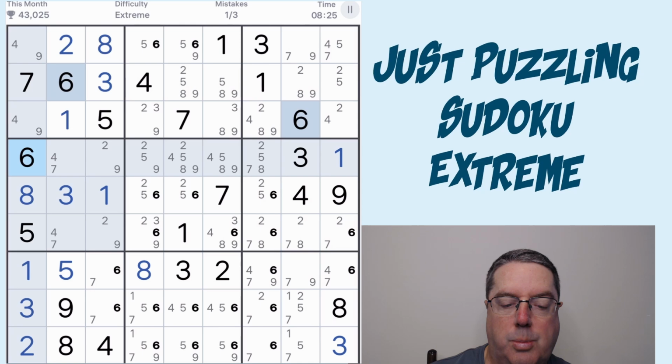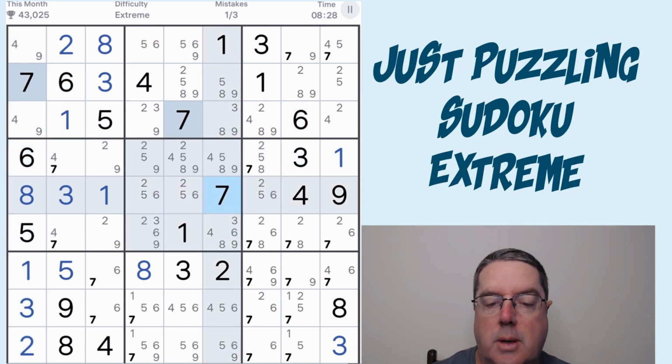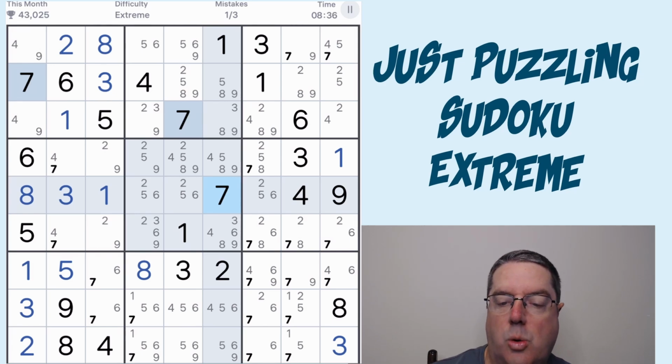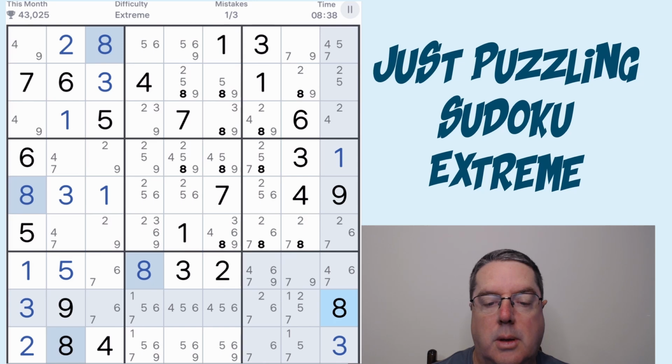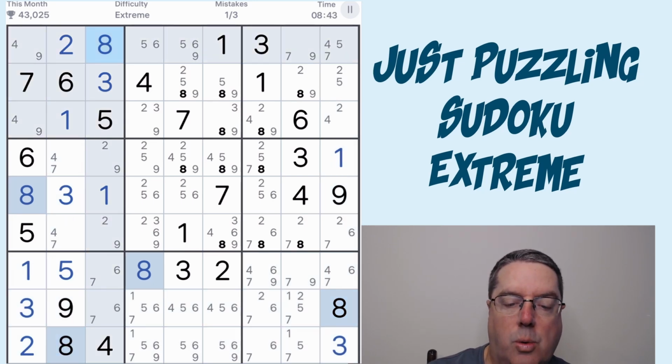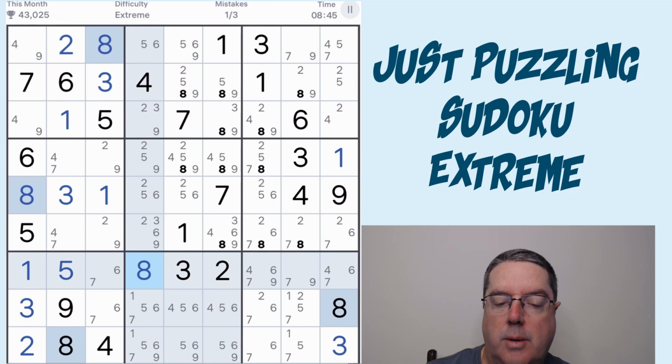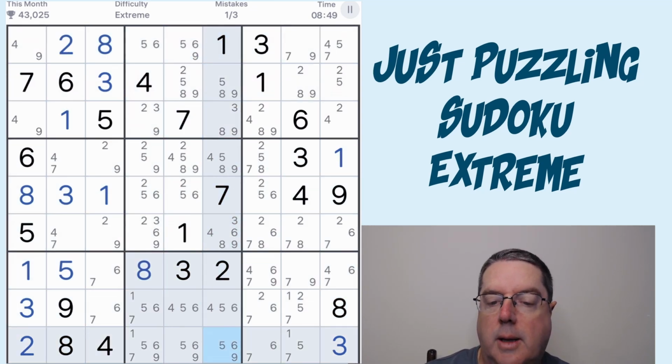Okay, so that looks pretty good. 7, 4 and 7, 7, 6. Okay, so they look good. 8. So there's 8s in that one, so they're all done. 8s in that one, so that leaves these two columns here. And 8 leaves these two columns there.